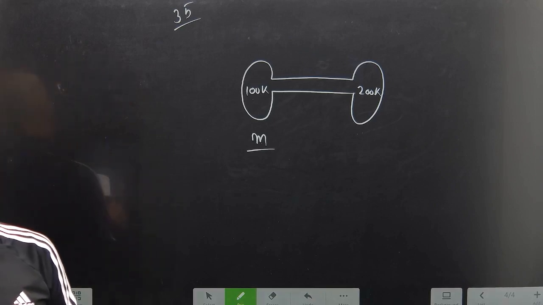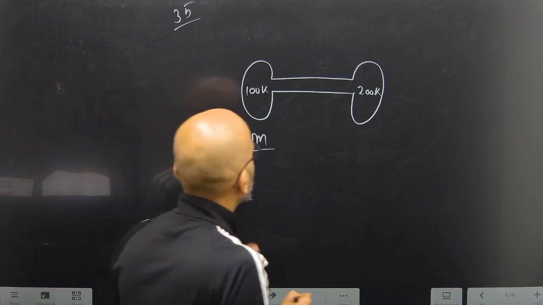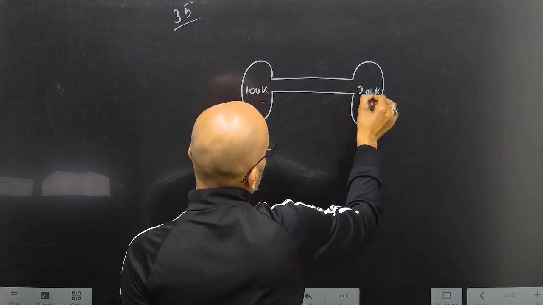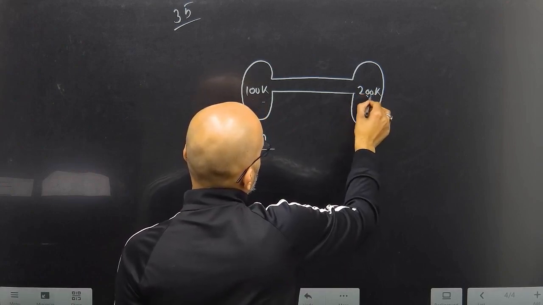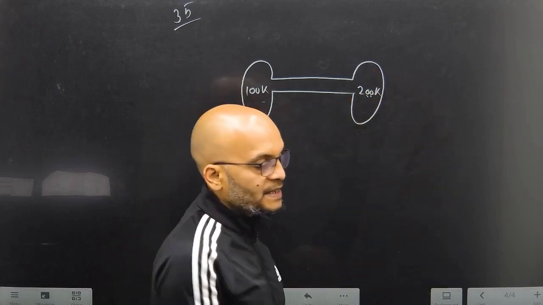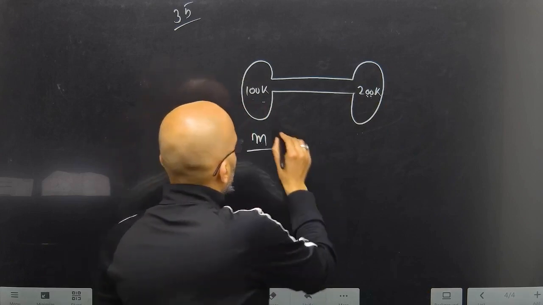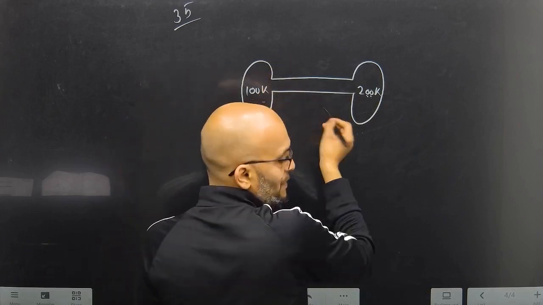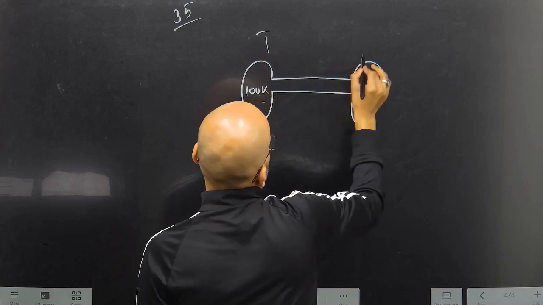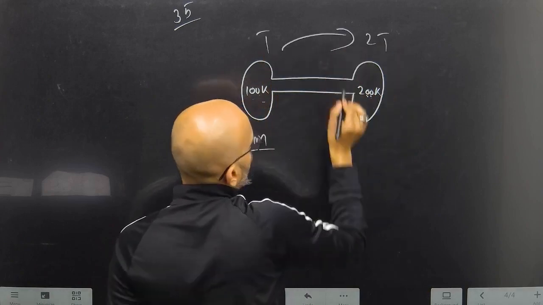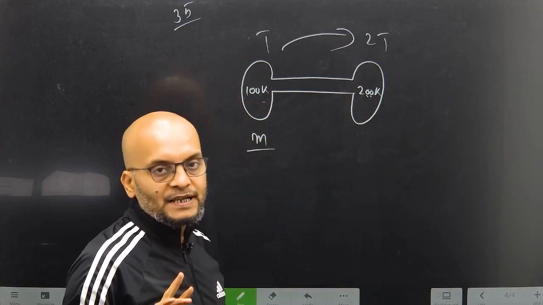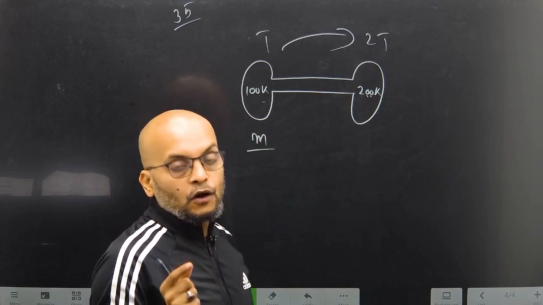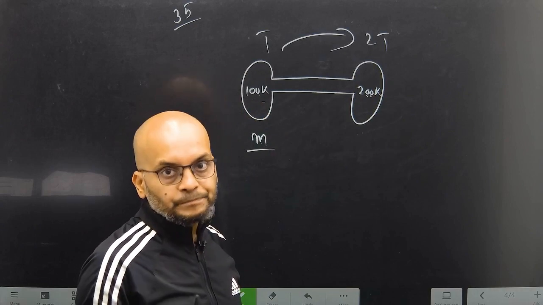Okay. So see guys, pay attention, in flask 2 the temperature is twice. If 100 is the temperature here, let's call it T, then here the temperature is 2T. So the temperature is becoming twice that of flask 1, right?